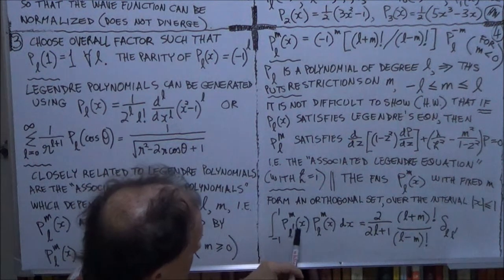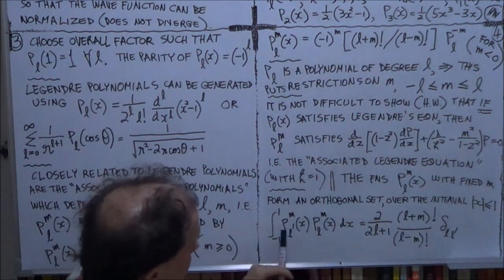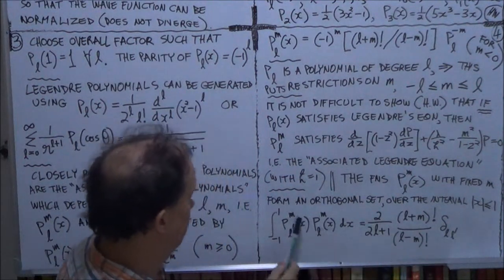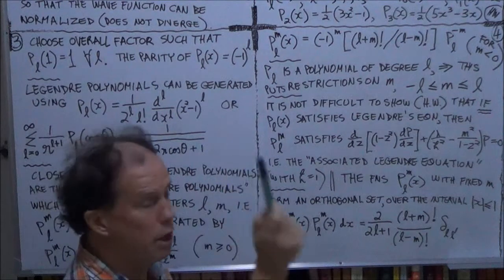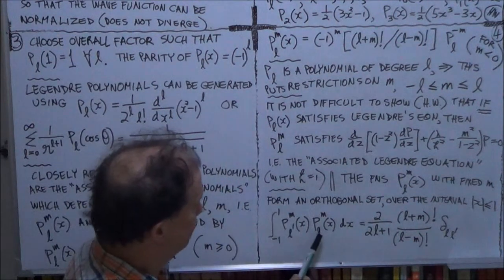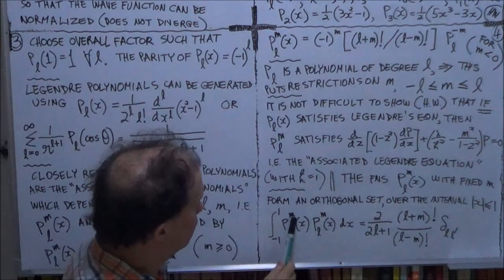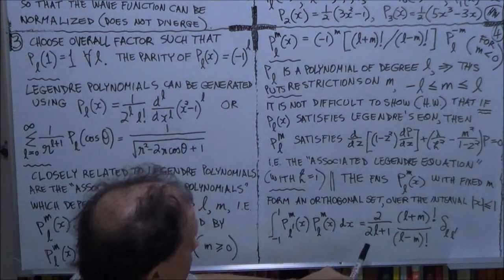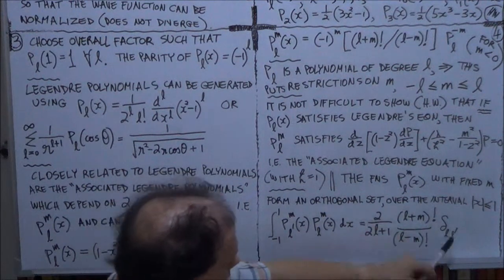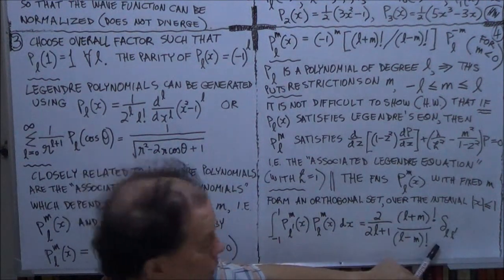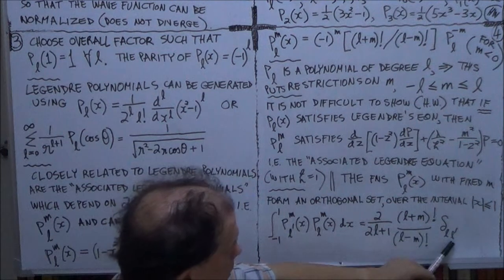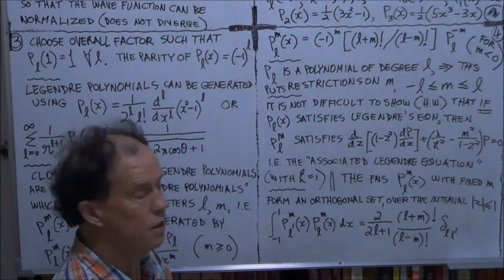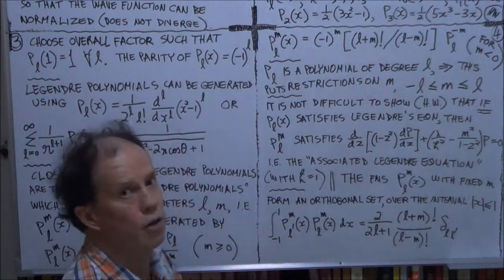Okay, and you take the product of two of them, and what's different? Oh, for the same m, but different L's. Okay, L dashed and L. So with the same m and different L's, you get this expression. And here's your Kronecker delta, delta L dashed L. So in other words, if L and L dashed are different integers, this expression is 0.